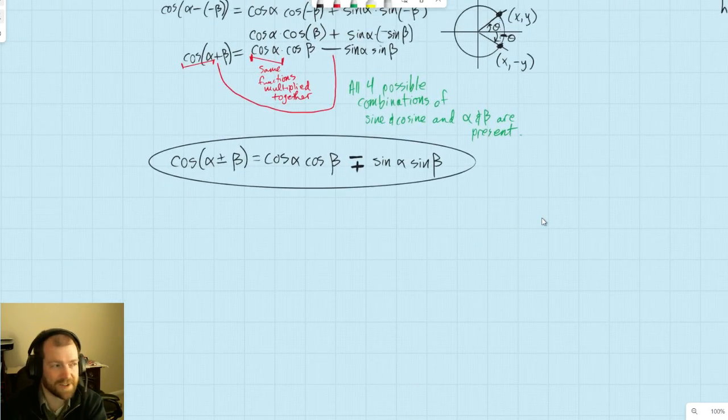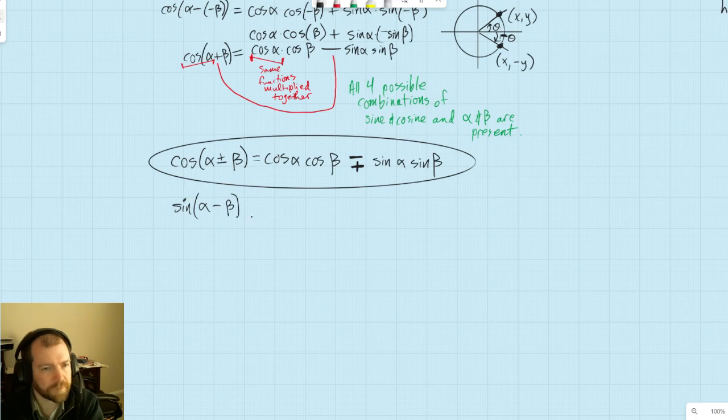Right, and then just like you said, Megamorph, if we want the cosine of, well, okay, the ultimate goal is to get the sine of alpha, let's do minus beta just because. Right, we want the sine of alpha minus beta.